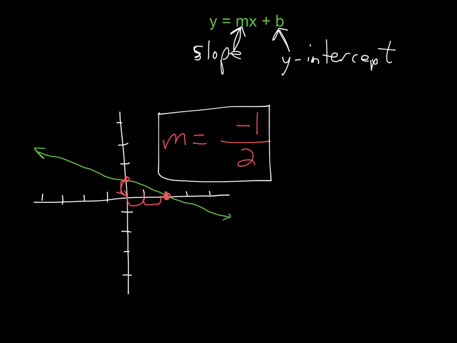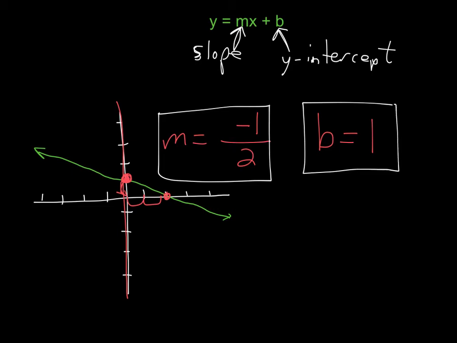Where does it cross the y-axis? It crosses at y equals 1. So the y-intercept equals 1. How do we write this in the slope-intercept form? Y equals mx plus b.